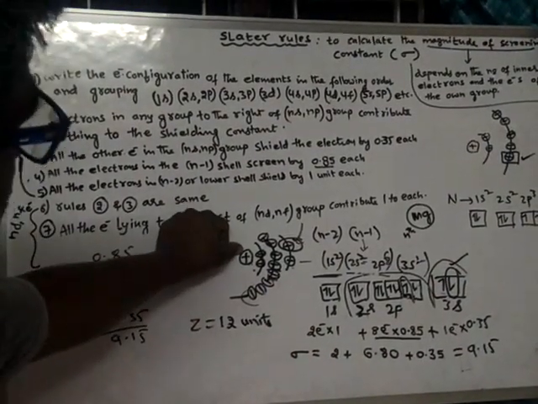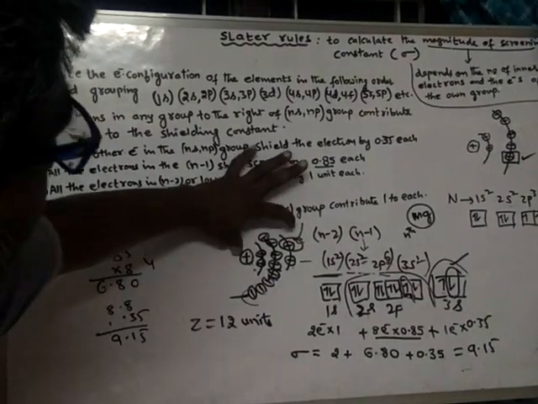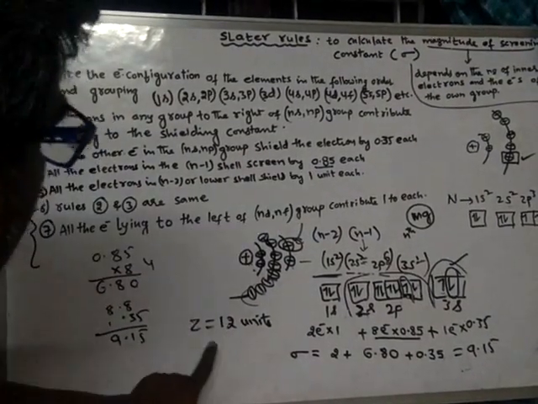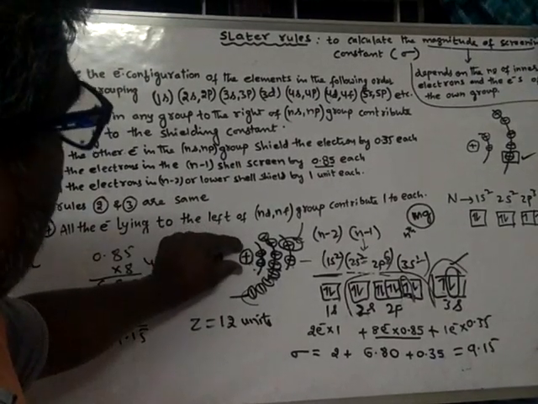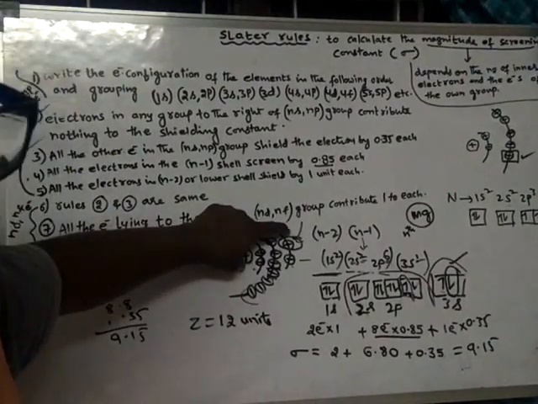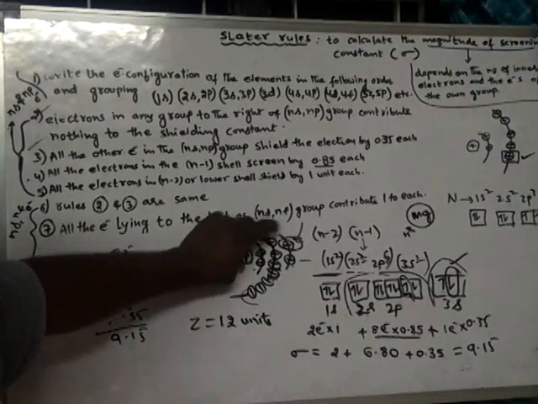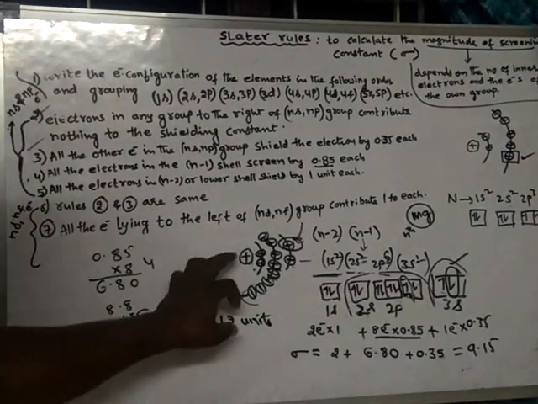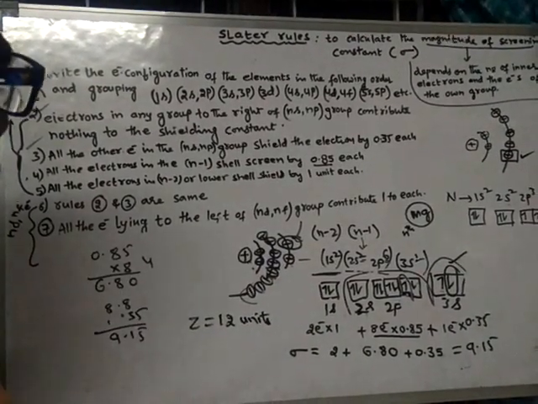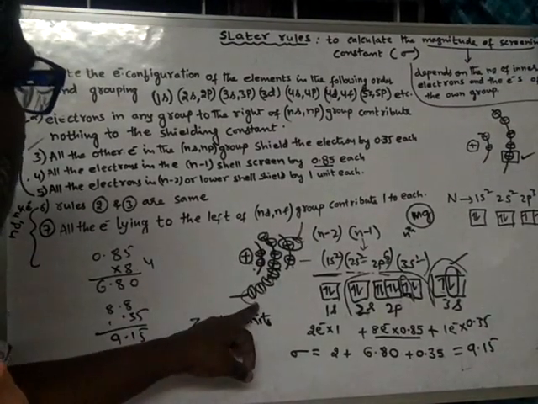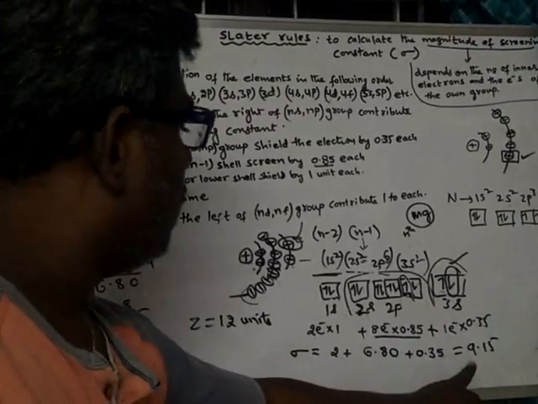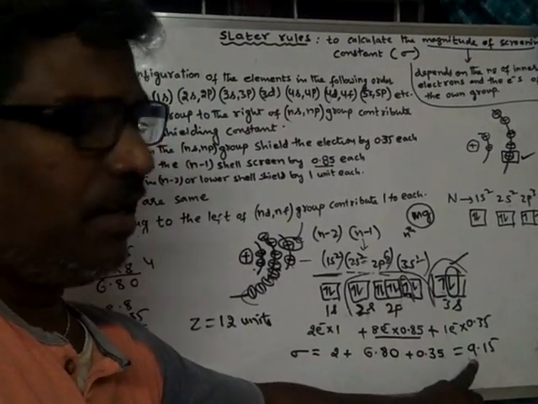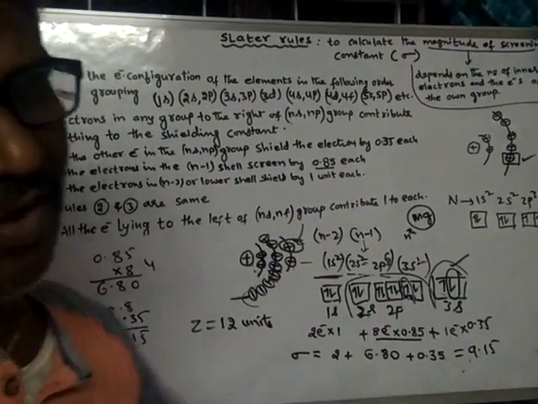Actually, the nucleus is showing 12 units of force of attraction on the last electron. This is the actual force of attraction the nucleus should show, but these electrons are decreasing it. So the value is decreased by 9.15.